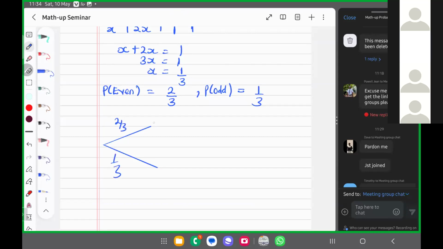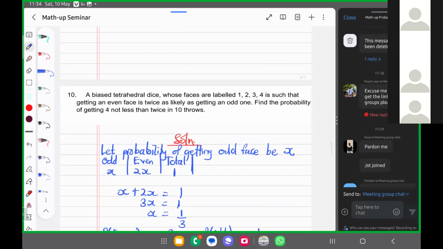But when the number is even, the probability is 2 out of 3. So the even numbers are 2 and 4. From my set of options, I can have a 1, 2, 3, or 4. But for me to get an even number, it can either be a 2 or a 4.